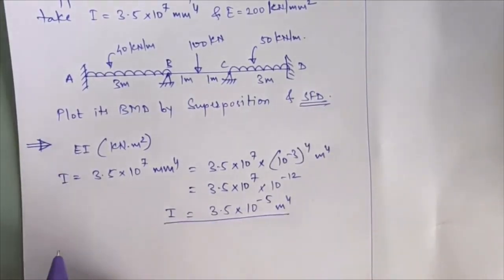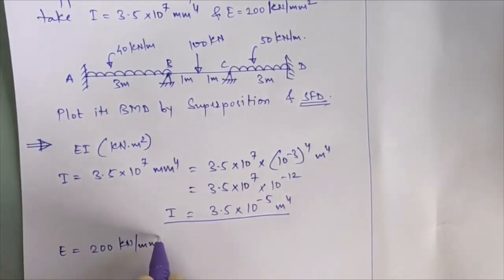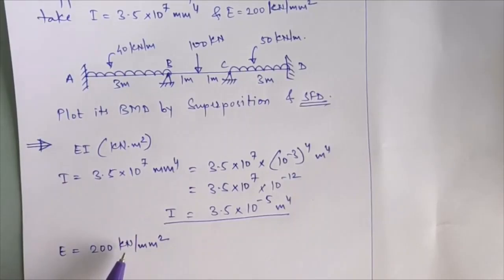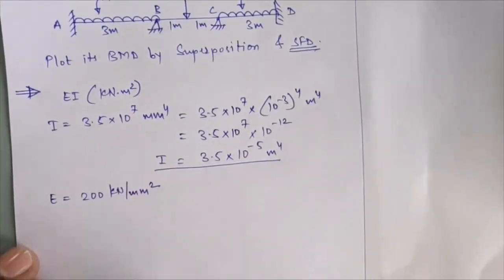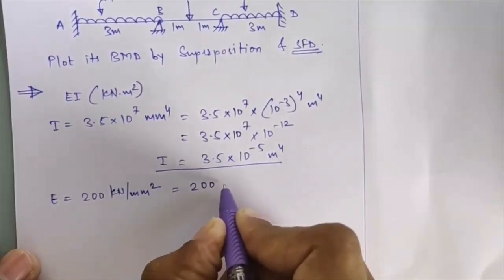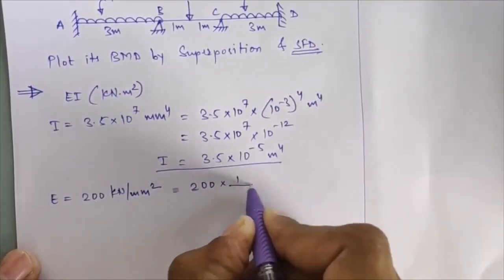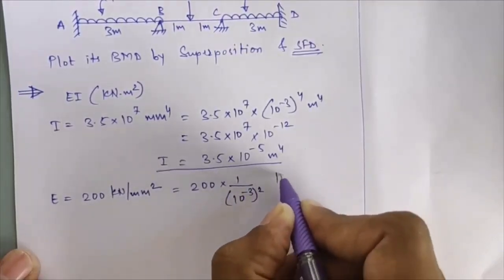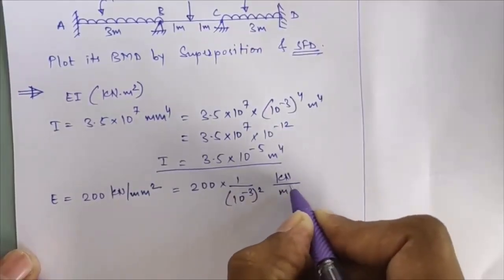Okay, then I'll convert my E value. E is given as 200 kilonewton per mm square. Now whatever value I require is already in kilonewton, so no need to convert kilonewton to newton. We'll just convert mm square to meter square. That is 200 into 1 upon 10 raised to minus 3 square, that becomes kilonewton per meter square.